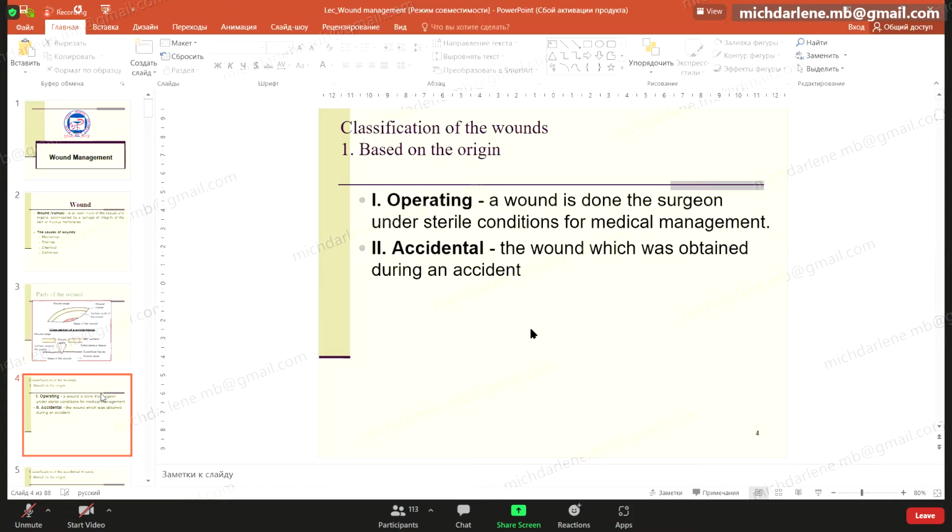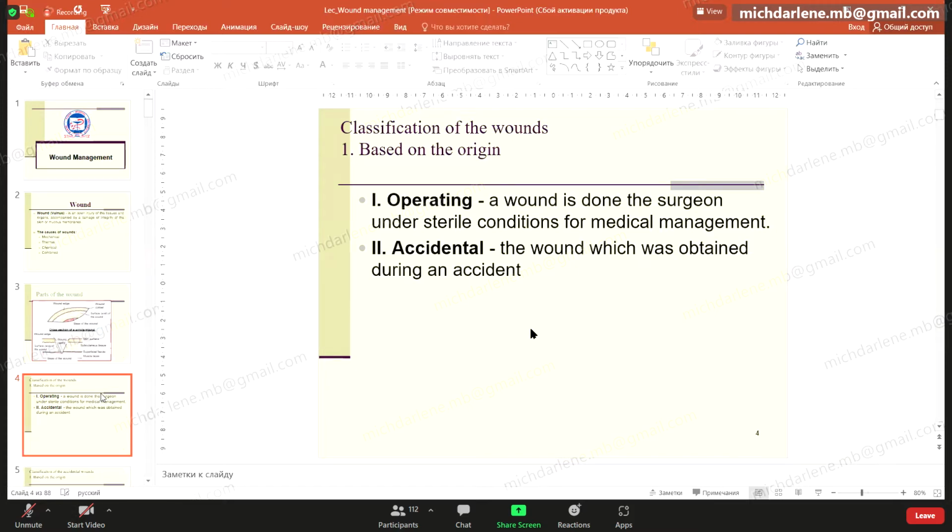If you agree with me, if we try to classify the wounds, we must firstly base it on the region. It's operative and accidental. Our operation wound is our approach when we make some open reduction or other operations in traumatology and all approaches which happen in any operation room in the world.